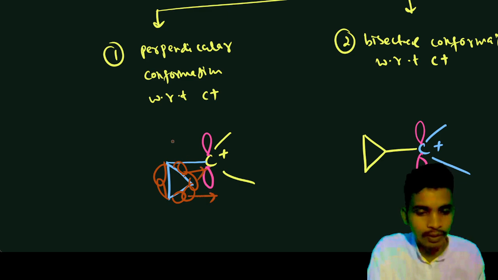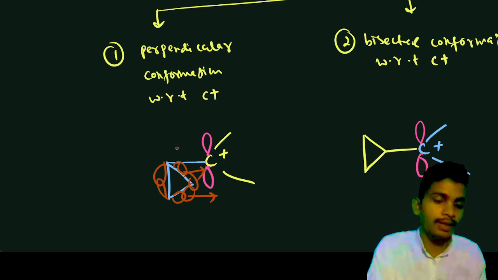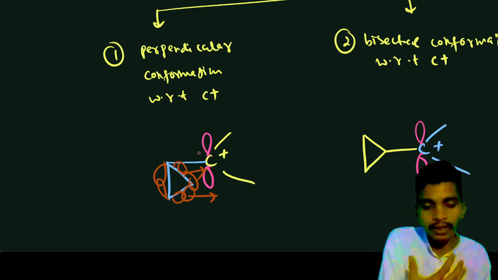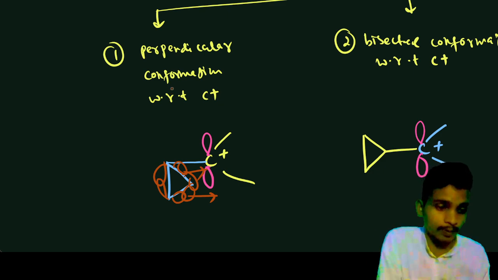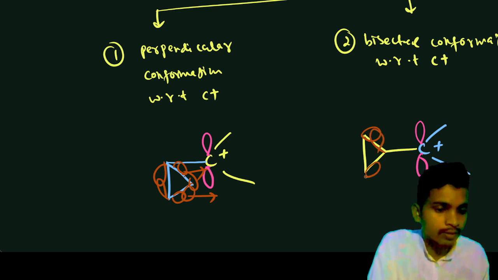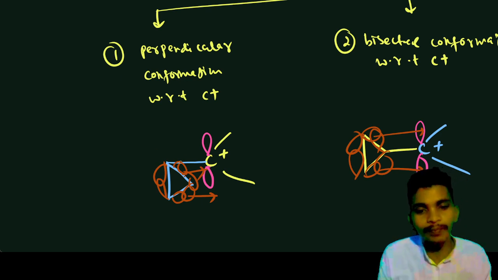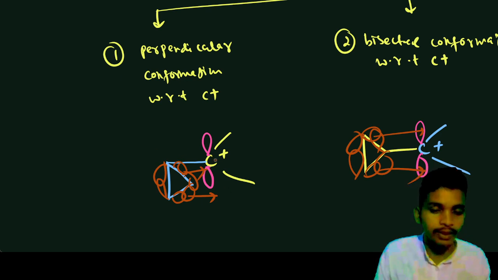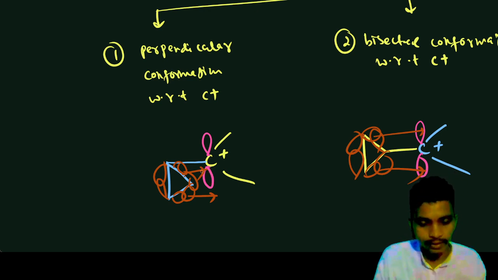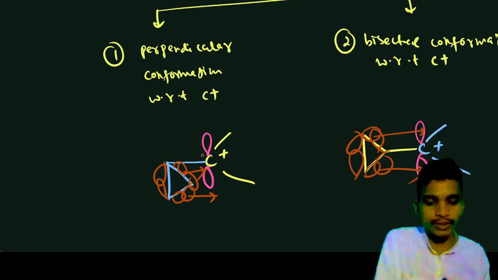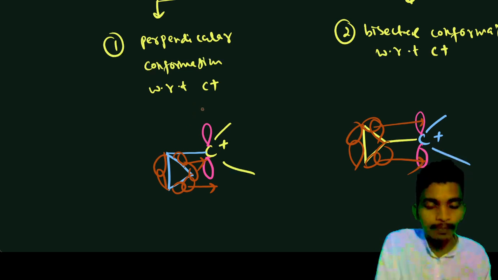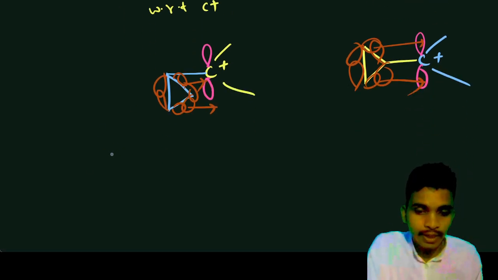This will go here, this will go here, so the p orbital remains unfilled, which means proper donation of electrons to the carbocation is not possible in the perpendicular conformation. But in this other case, it can donate these electrons. So if it is a perpendicular conformation with respect to the carbocation, a good amount of electron donation is not possible.